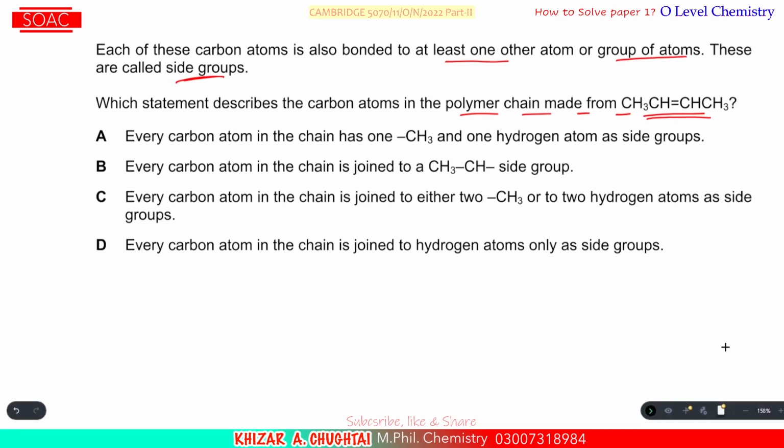Let me draw it first. Here this is the carbon double bond. Here is hydrogen.